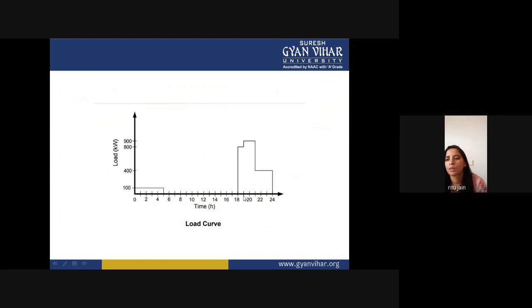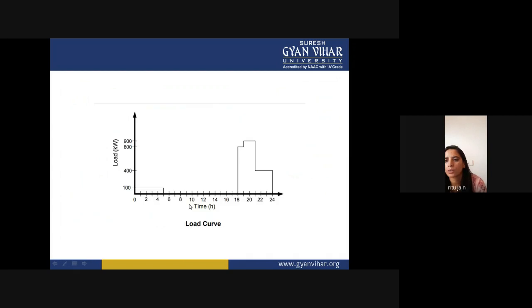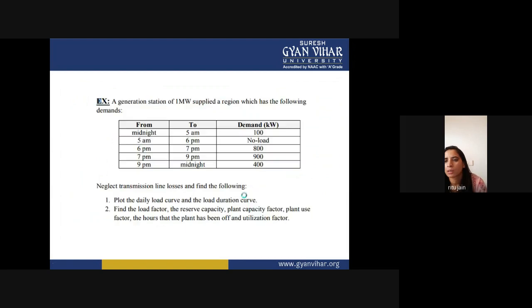After that, the load is 6 p.m. to 7 p.m. For 1 hour, it is 800 kilowatt. Then 9 p.m. to midnight, it is 400 kilowatt.